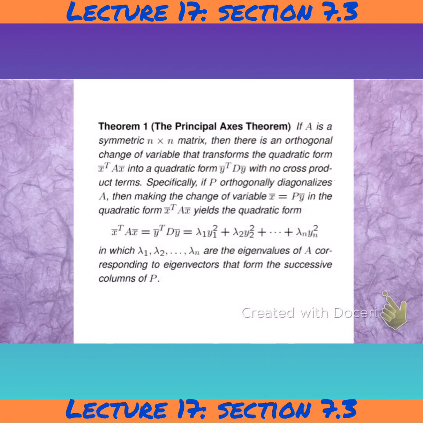Right, so the principal axis theorem basically just states that if A is a symmetric n by n matrix, then there is an orthogonal change of variable that transforms the quadratic form into a new quadratic form that has no cross product terms.